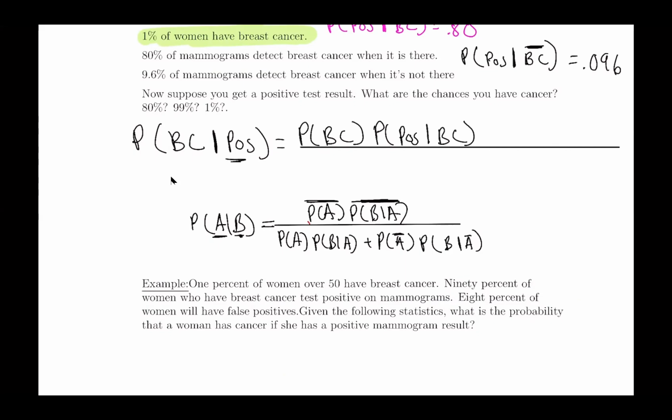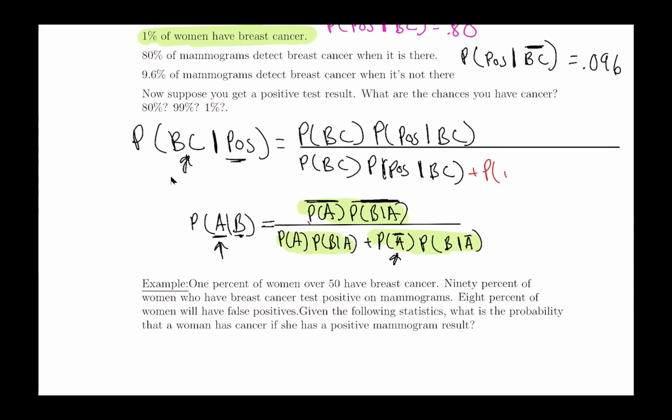All right, so let's do the bottom. If you look at the formula, this portion and this portion are always the same. So we're going to put probability they have breast cancer times the probability they test positive given they have breast cancer. Now let's do this part. A is the front one, so in this case scenario, we're going to say they don't have breast cancer.